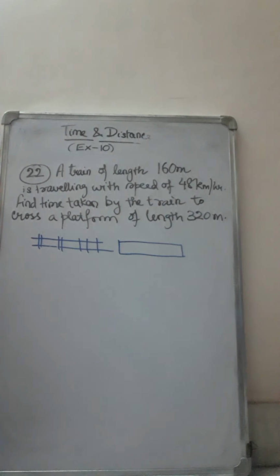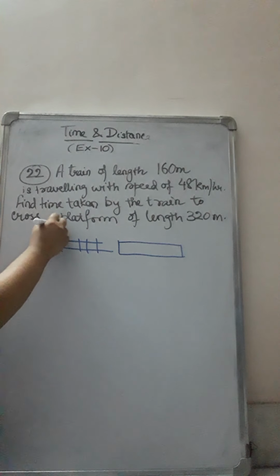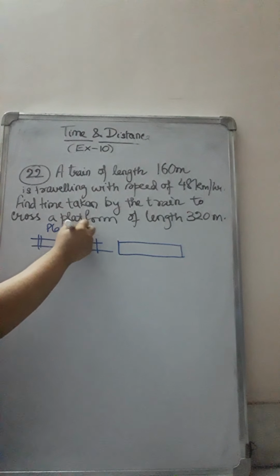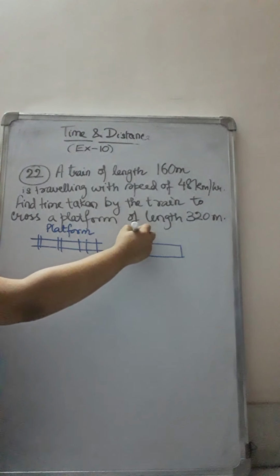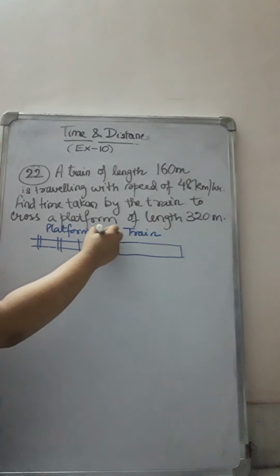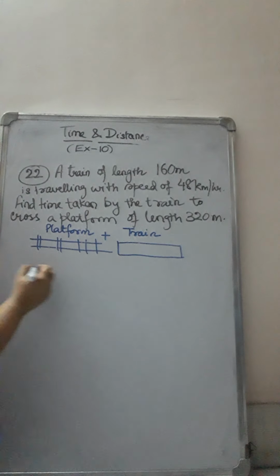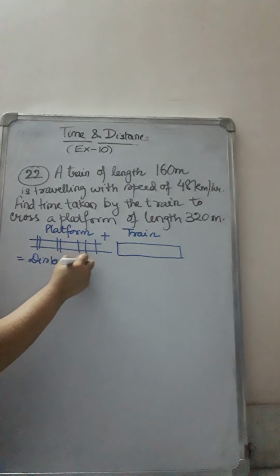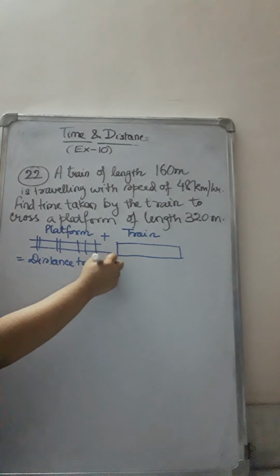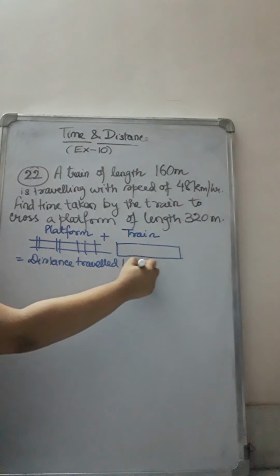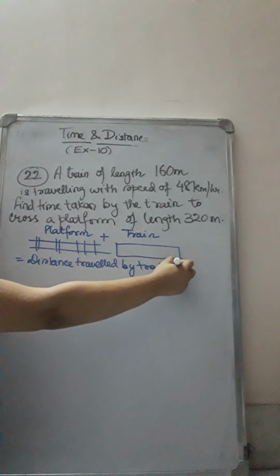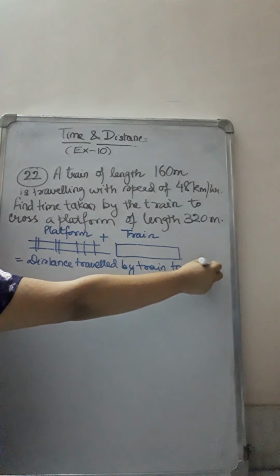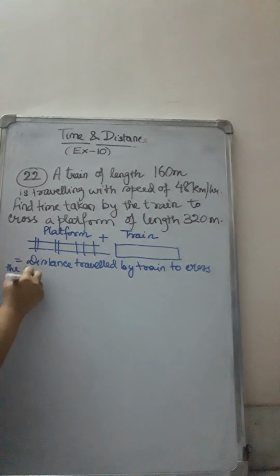I have already told you that if a train is crossing any stationary object like a platform, then the total of their lengths will give you the distance travelled by the train to cross the platform.